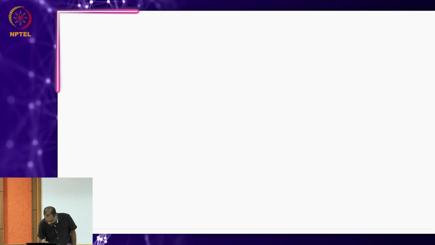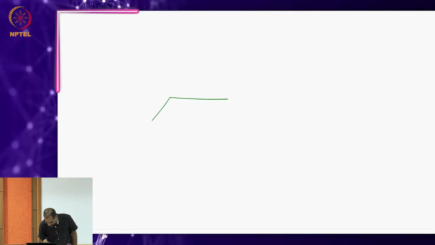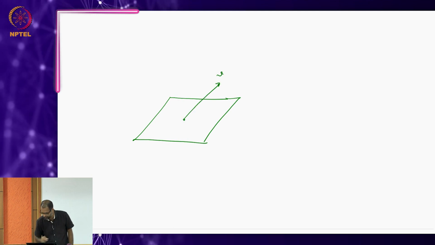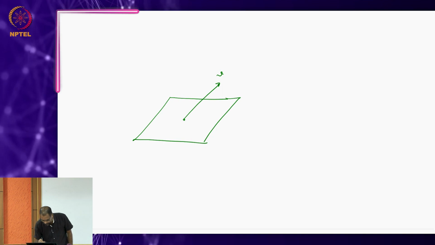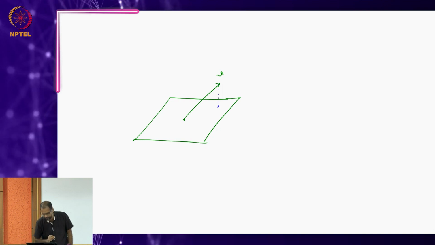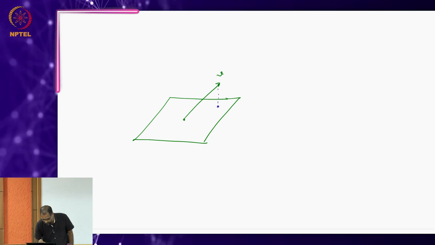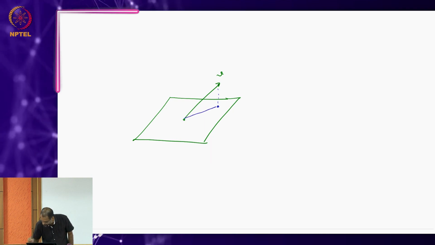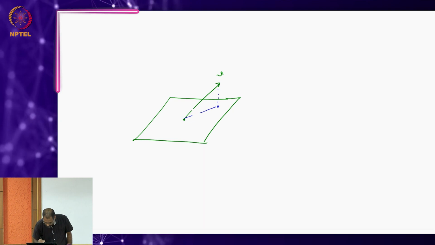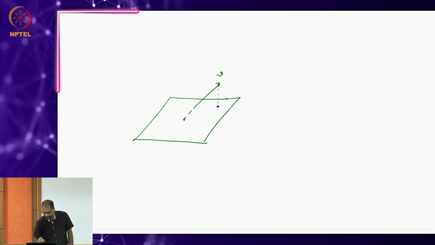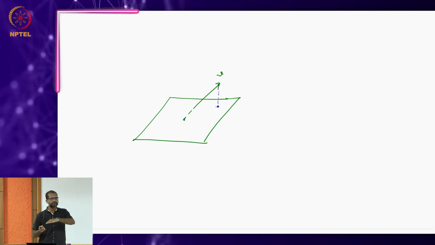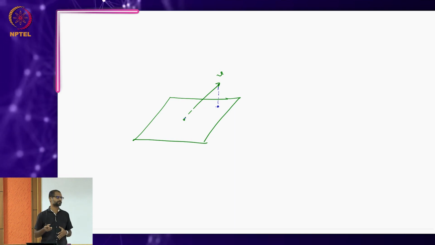So my drawing in 3D will surely be bad, but let me still make an attempt. If this is a plane and you have a vector v like this, when you drop a perpendicular, it will fall somewhere here. But what is the key defining point of that? The defining point is that this vertical dotted line here and this plane are going to be perpendicular.